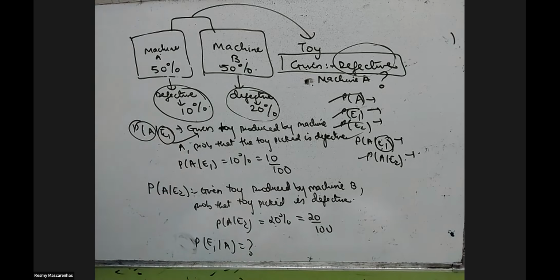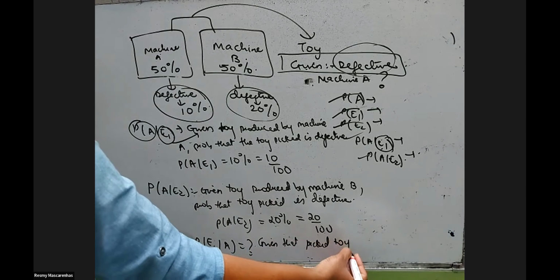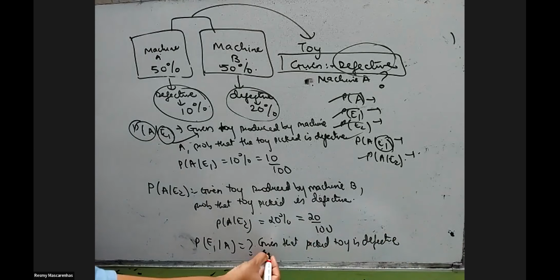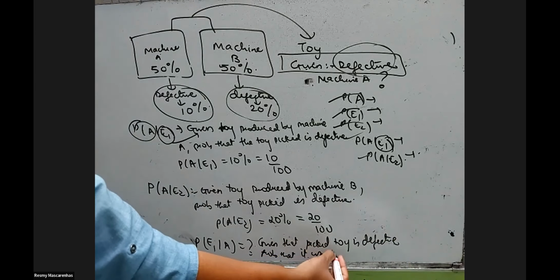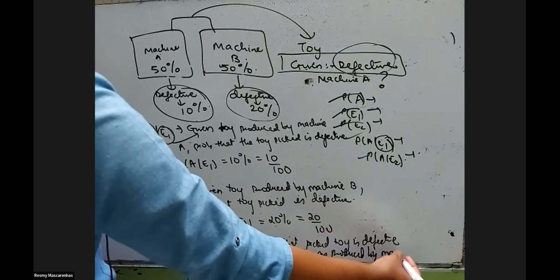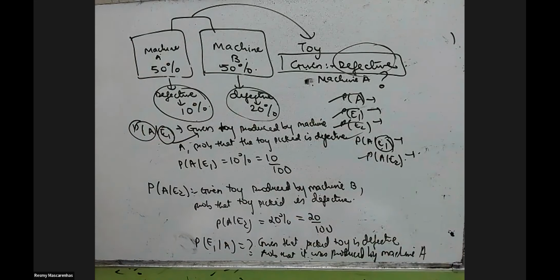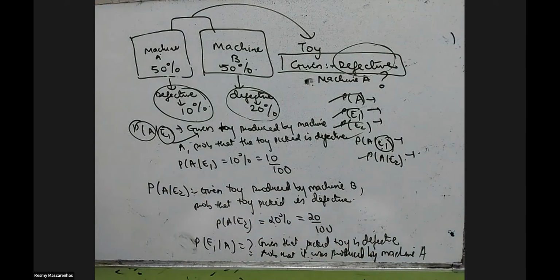So given the picked toy is defective, probability that it was produced by machine A. Given that the picked toy is defective, the probability that it was produced by machine A, that is what we have to calculate.